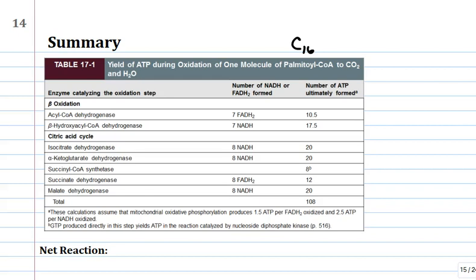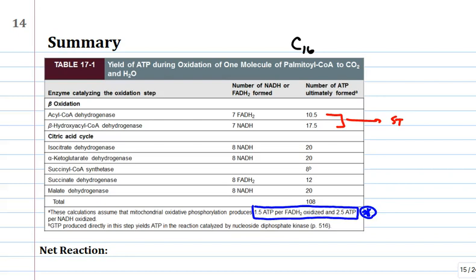Okay? But we did make a lot of reduced cofactors. And you know from Biochem 1 that when you make reduced cofactors, they go to the electron transport system, and here is our conversion factors for that. Well, the first two reduced cofactors we make basically directly from beta oxidation.